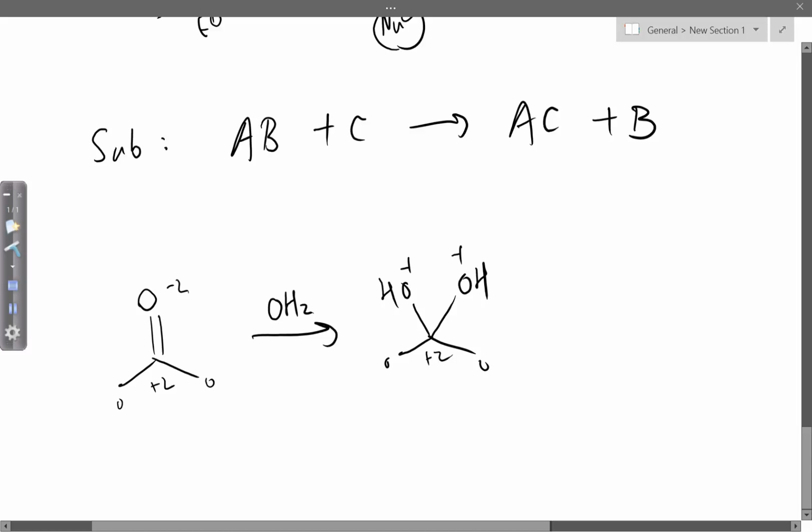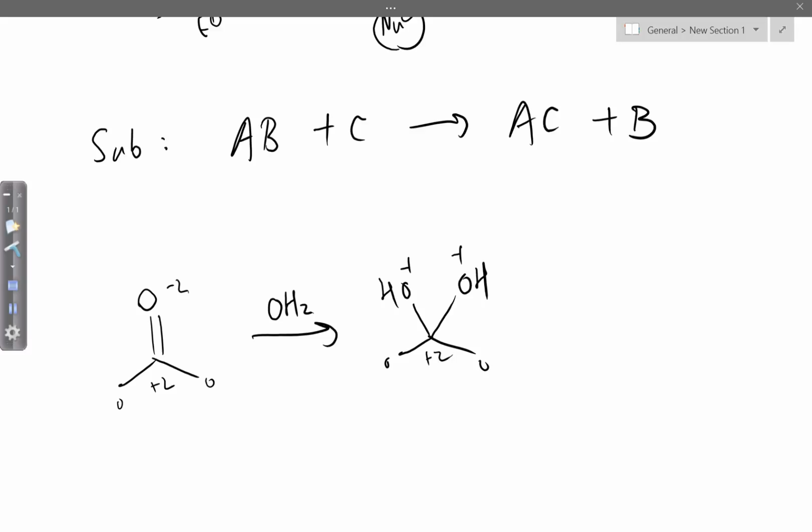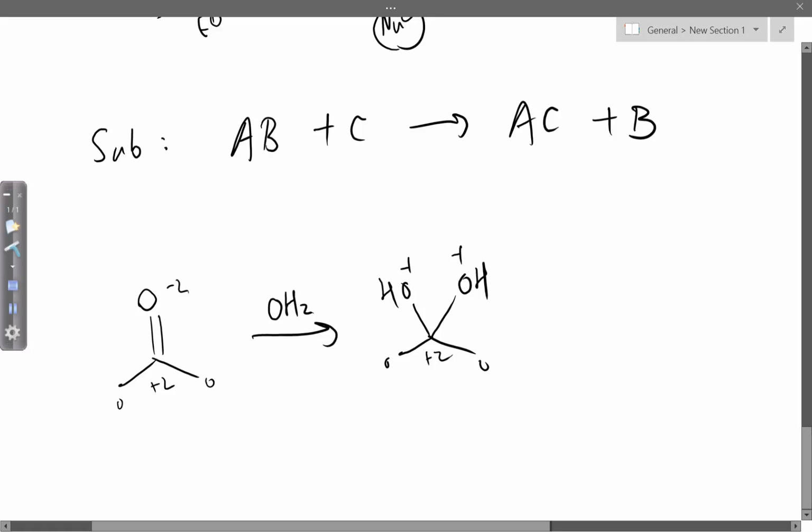So in fact, for this kind of scenario, it depends on what your nucleophile is, right? If let's say your nucleophile is a carbon-based nucleophile, for example, R minus, after I do the attack, I'll have R attached here. And then if you count again, originally it is plus 2, here is 0, 0.